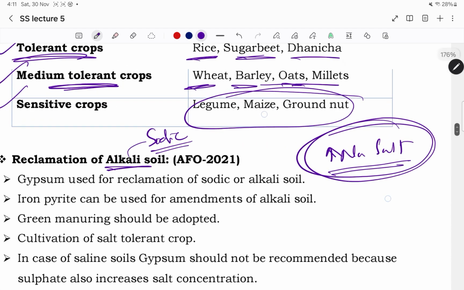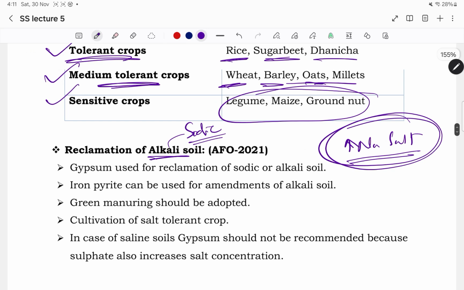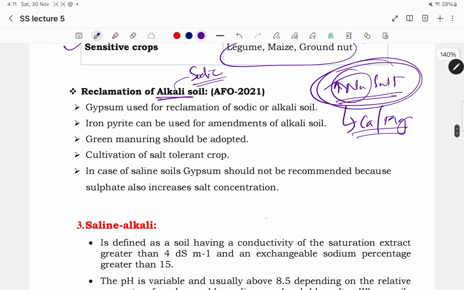How? We have to replace this sodium salt with calcium or magnesium salt. For example, the sodium is present on this clay particle. We have to remove this with a calcium or a magnesium salt.